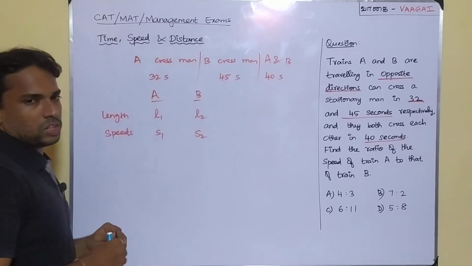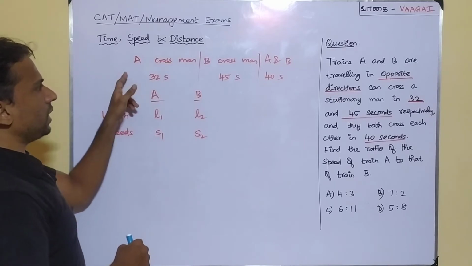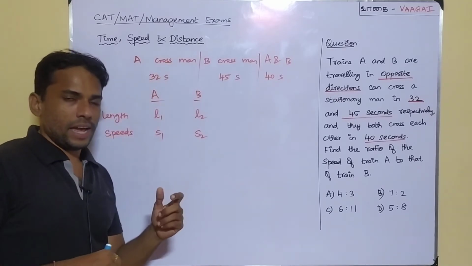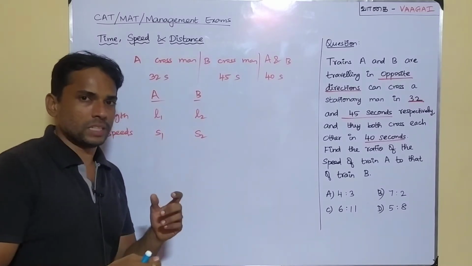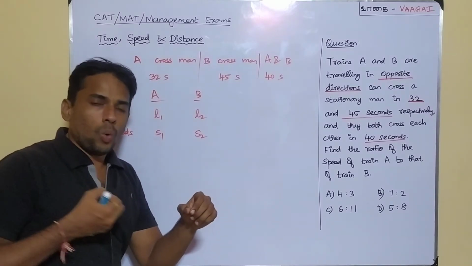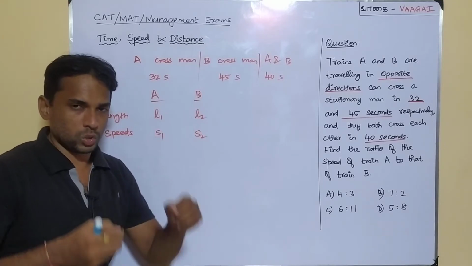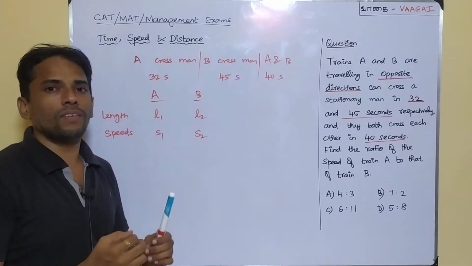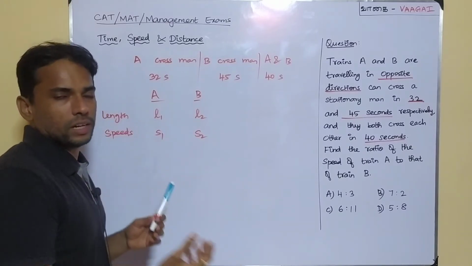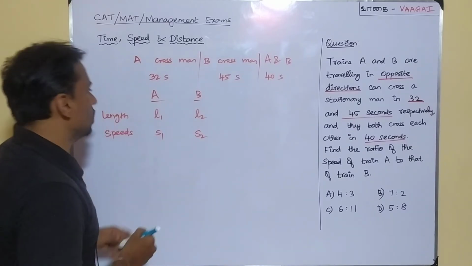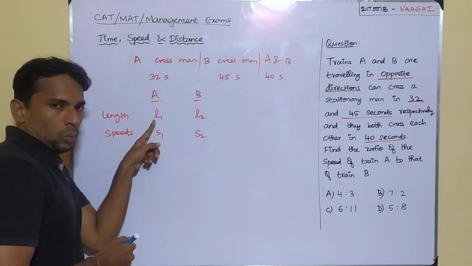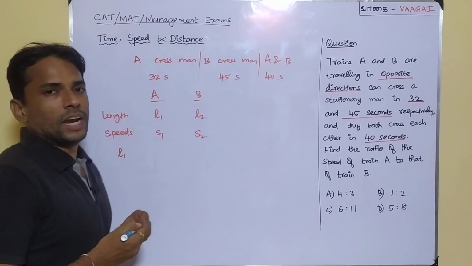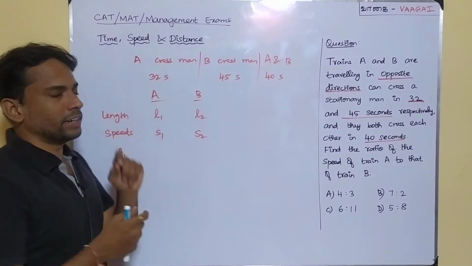First case, we have train A is going to cross a man in 32 seconds. So that means for train A to cross the stationary man, the train should travel its own length to cross that man. Is it or not? So in that case, the train A should travel how much distance? It should travel a distance of its own length. That's it. So in that case, it should travel L1, and for which it is taking how much time? It is taking 32 seconds.